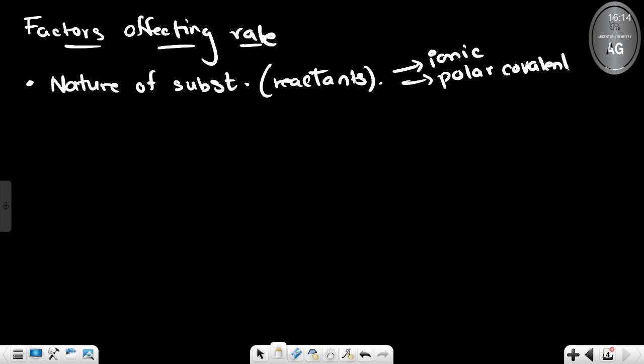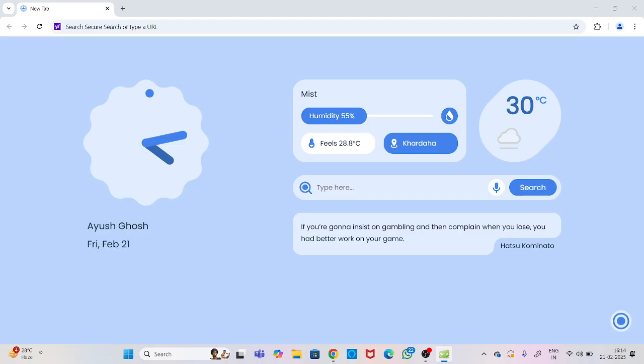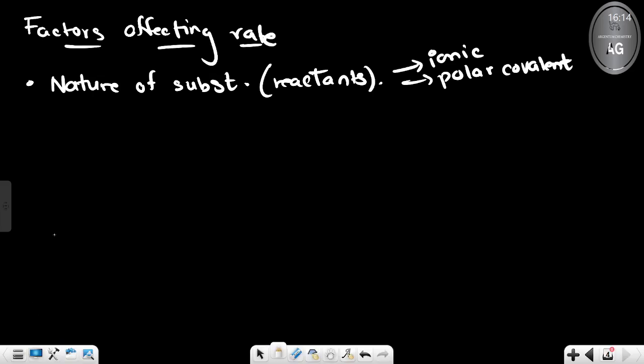But non-polar covalent compounds will not be very effective and will not give a very high rate of reaction. Understood? The simple reason is that they are non-polar, so they do not react very fast. So for the nature of substance, the reactants should be either ionic or polar covalent.